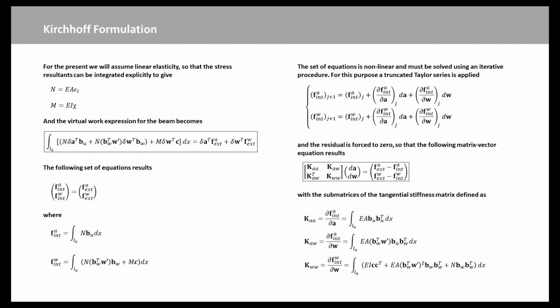For this purpose, a truncated Taylor series is applied, and the residual is forced to zero, so that the following matrix vector equation results, with the submatrices of the tangential stiffness matrix defined as KAA, KAW, KWW. The last term of KWW can be identified as the geometric contribution to the tangential stiffness matrix.